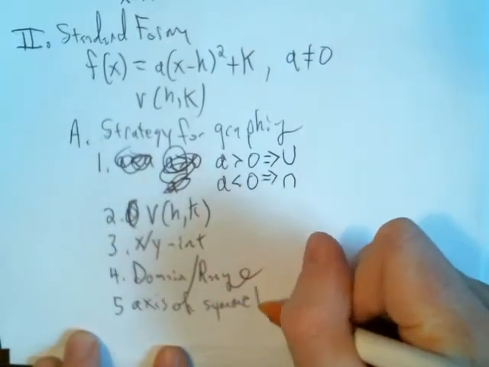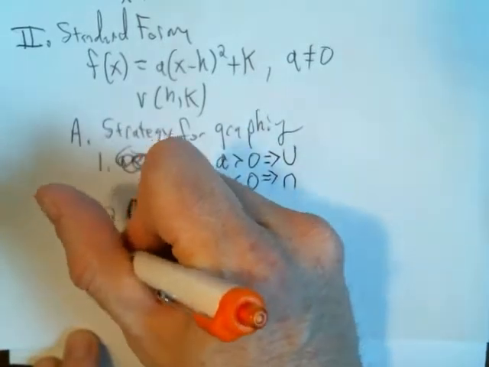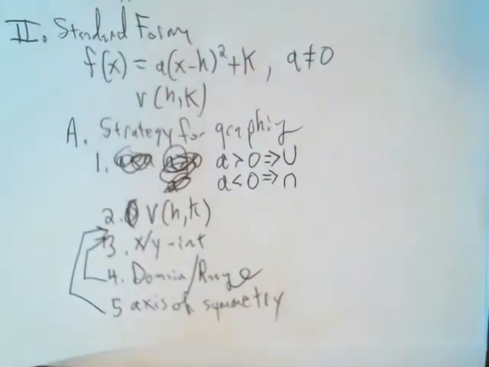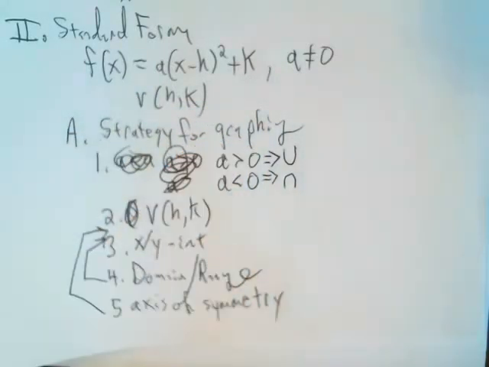Okay. It's probably better to put step 5 right here along with step 4, because once you get the vertex and the orientation, you can totally tell what the domain and range and the axis of symmetry are. Okay, so usually I'll do that immediately and then save the fun algebra for the intercepts last.